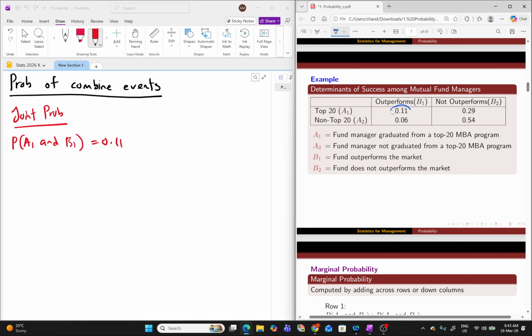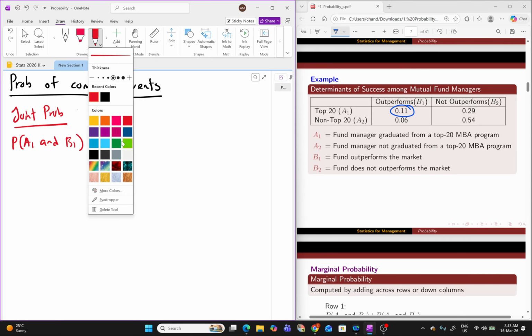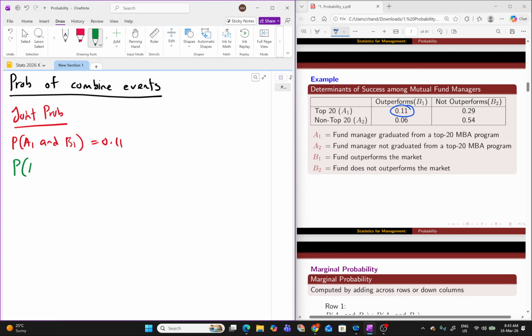This is 0.11. You can write it like this. This is known as joint probability. This is also equivalent to intersection. If you learned sets in school, this is intersection, the same notation, and you can use the same notation.